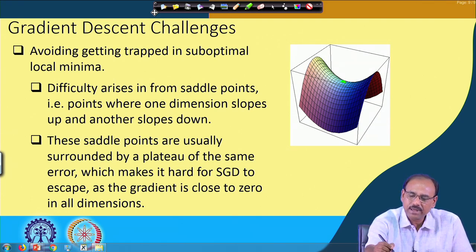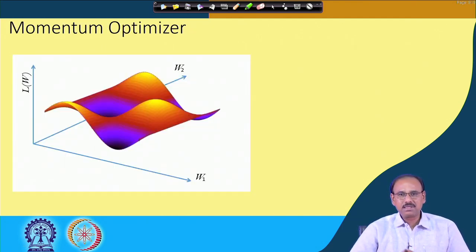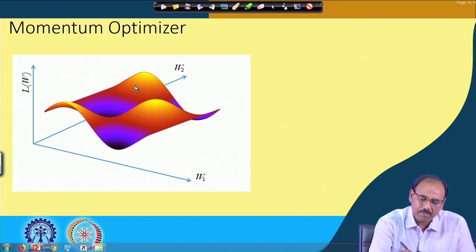Now let us see how we can tackle this problem. What I can do is assume that this is the surface given by the loss function, and for simplicity I am assuming that my parameters are two-dimensional, or the weights are two-dimensional weights having W1 and W2. The way you start your gradient descent operation is that you assume the weights are initialized somewhere over here.